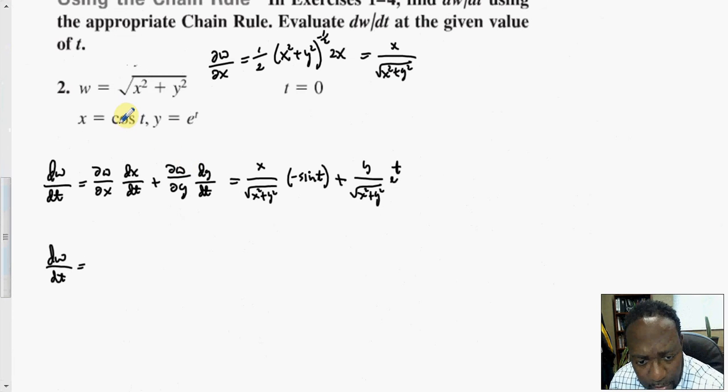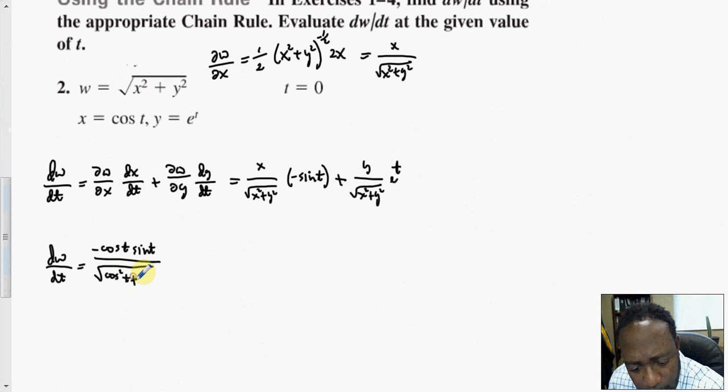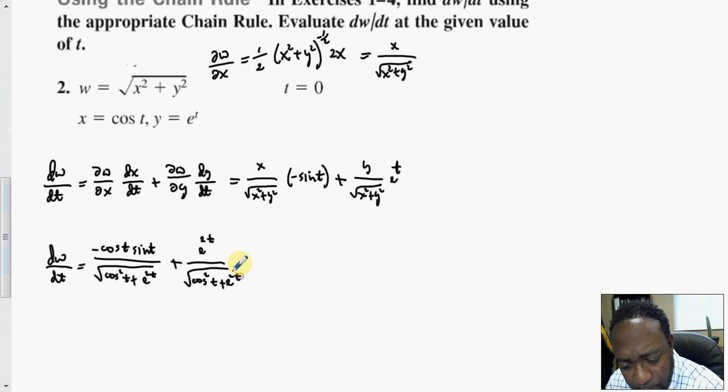Here we have x times negative sine t, which is negative cosine t sine t, all over the square root of x squared, which is cosine squared t, plus y squared, which is e to the 2t, plus y times e to the t, so we get e to the 2t there, all over the square root of cosine squared t plus e to the 2t.